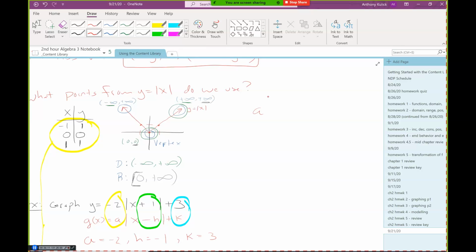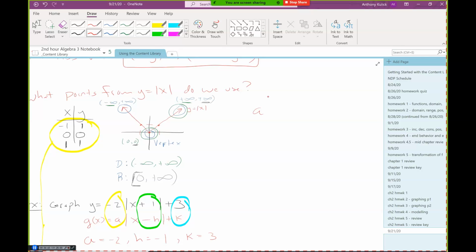Is that going to change having an arrow pointing to the left or pointing to the right? If I just flip it upside down? No, I still have an arrow pointing left and I still have an arrow pointing right. Okay, the other thing that the a does is it does a vertical stretch or shrink. Is like making it taller and skinnier or wider going to affect an arrow at the left end and an arrow at the right end? No, they're still going to have those arrows there.